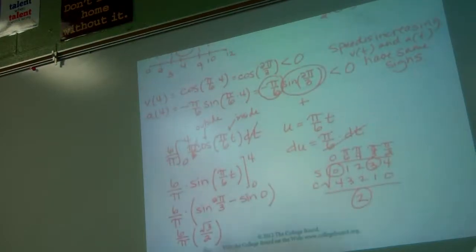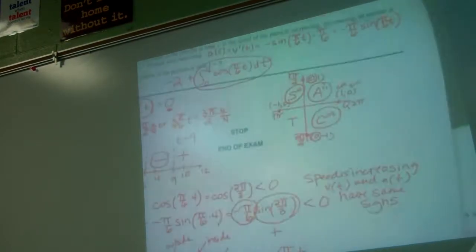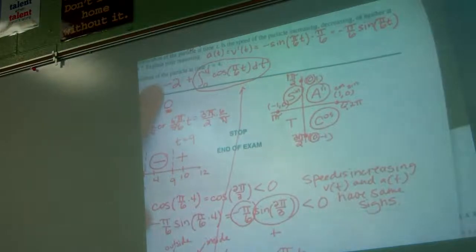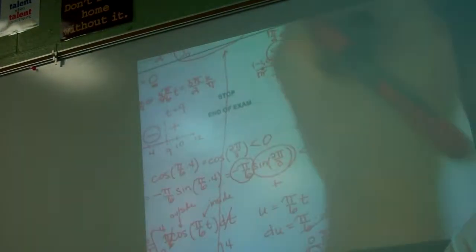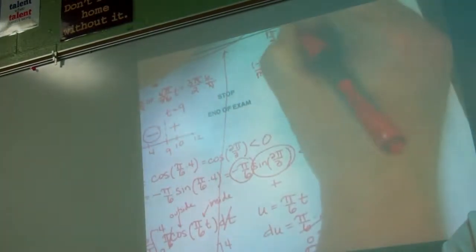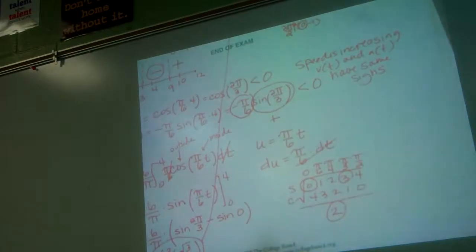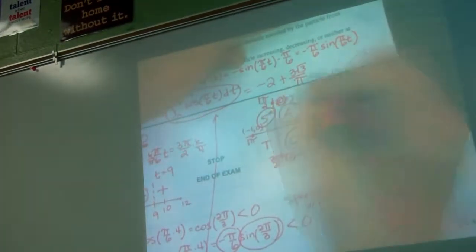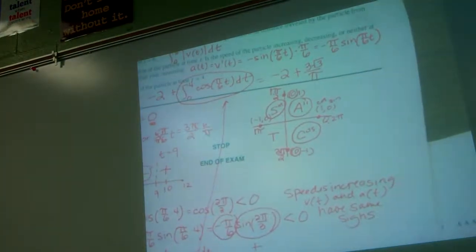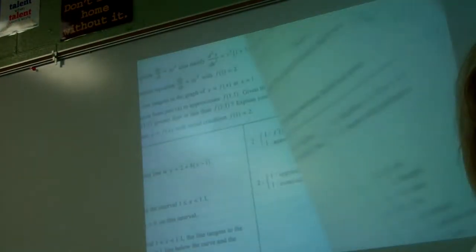And then don't forget you've got to add this to -2. So it's -2 plus this. You can reduce this if you want to. They don't count off if you don't reduce. 3 square root of 3 over pi. So -2 plus 3 square root of 3 over pi.